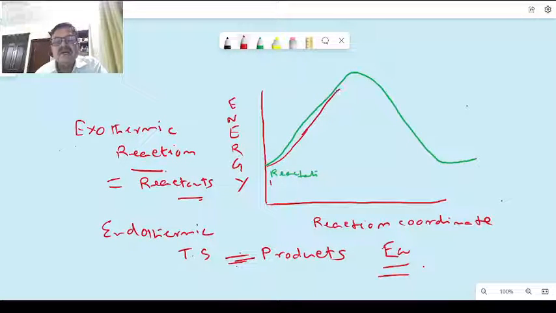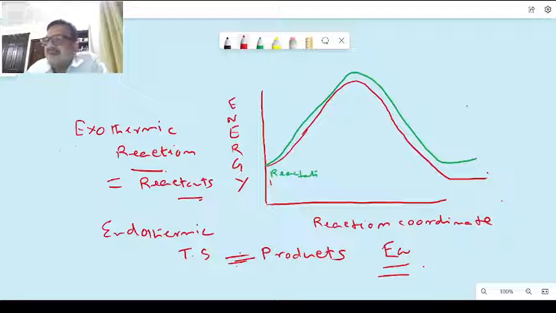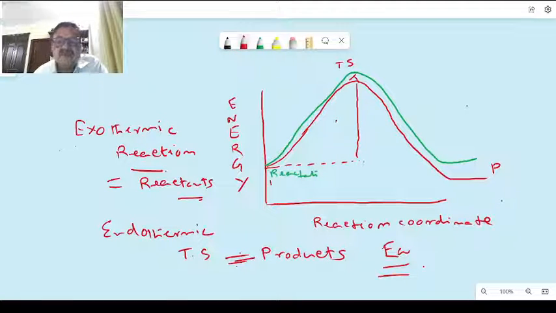So from here, it can come down like this. We can draw this, this is the products here, P. Okay, this is the transition state here. So the energy of activation more or less remains the same here. See, this is our energy of activation, Ea.